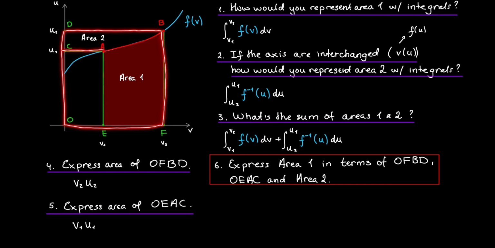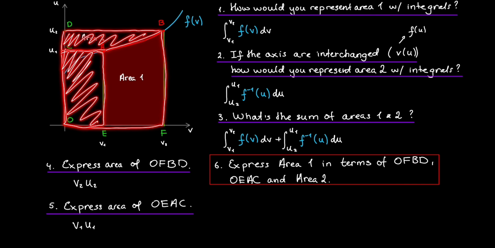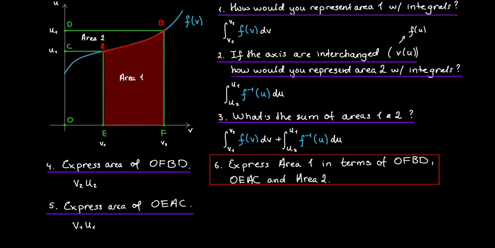Then we have to subtract this part, area 2. And of course, after that, we also have to subtract this smaller rectangle inside. And as you can see, what we have left after is going to be area 1. So let's go ahead and do that. So we know from question 1 that area 1 can be expressed with this integral.